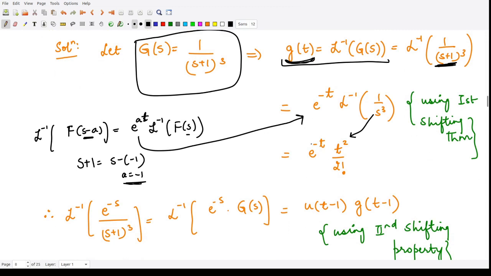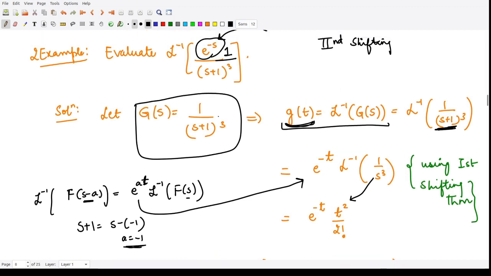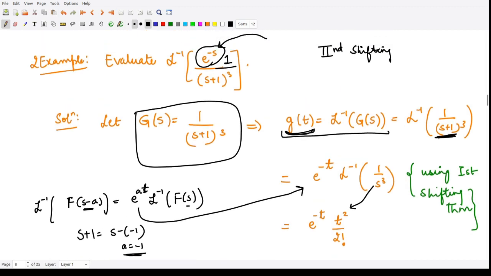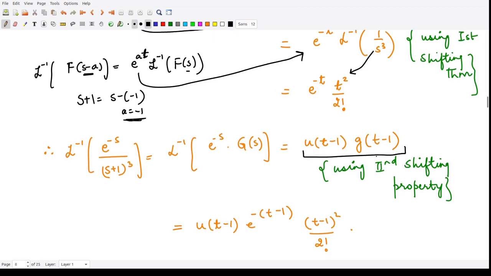Now because you have the Laplace transform of 1 divided by (s plus 1) cube, the Laplace inverse transform of e to the power minus s multiplied by this function would be, by the second shifting property, u of t minus 1 multiplied by g of t minus 1.